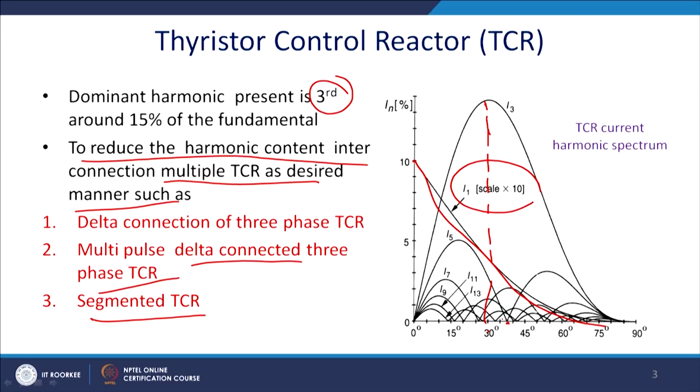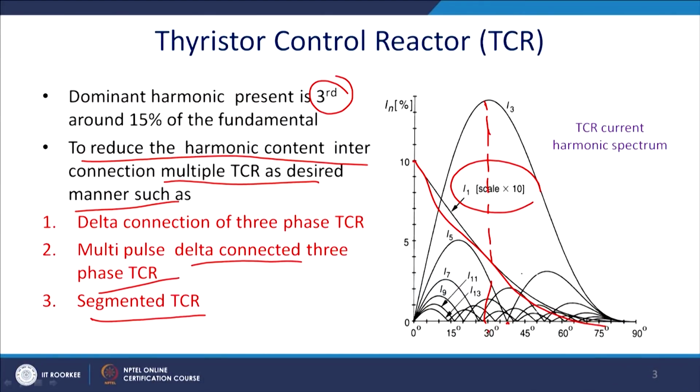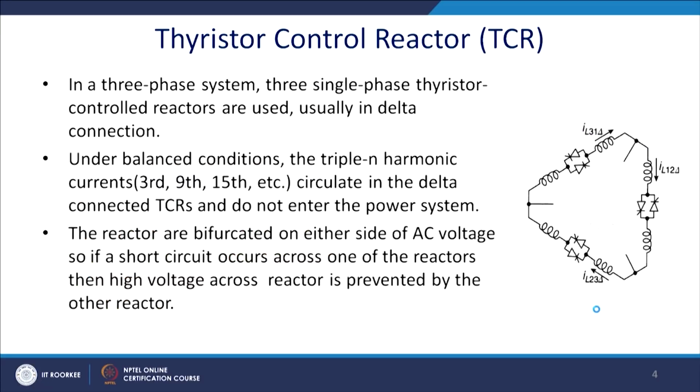So, you can choose to eliminate the fifth harmonic, you can choose the angle of alpha between 30 to 45 degree if required. So, the fifth harmonic will have this kind of pattern. Then there are the seventh harmonic, the ninth harmonic, the 11th and 13th harmonics. This will be the harmonic spectrum of the TCR.